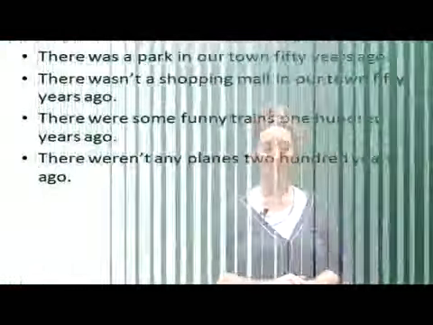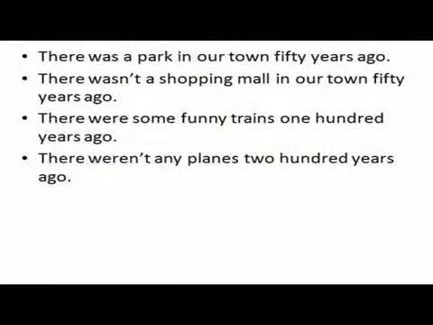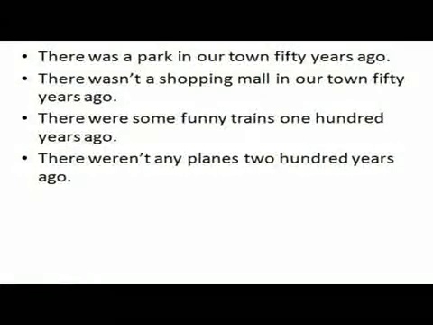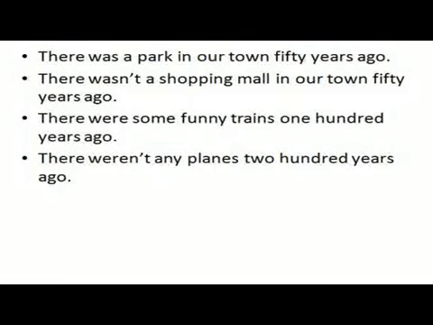So, there was a park in our town 50 years ago. There wasn't a shopping mall in our town 50 years ago. There were some funny trains 100 years ago. There weren't any planes 200 years ago.